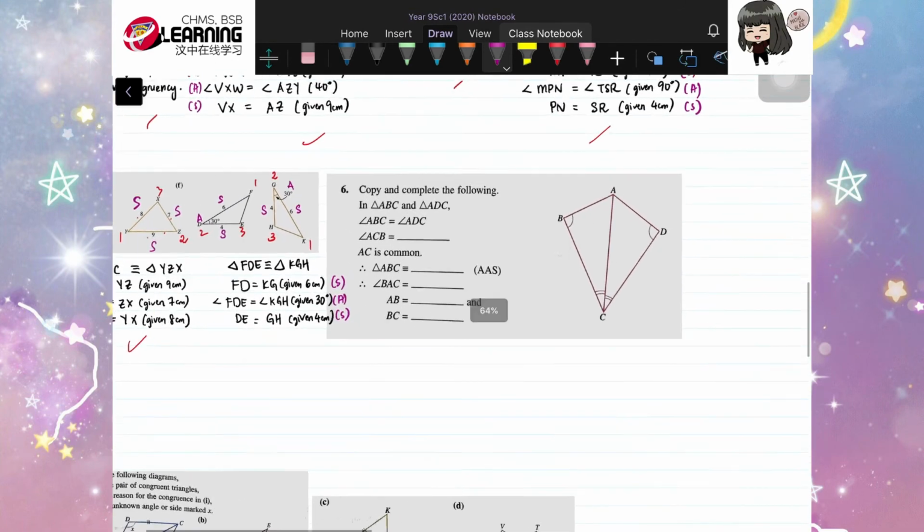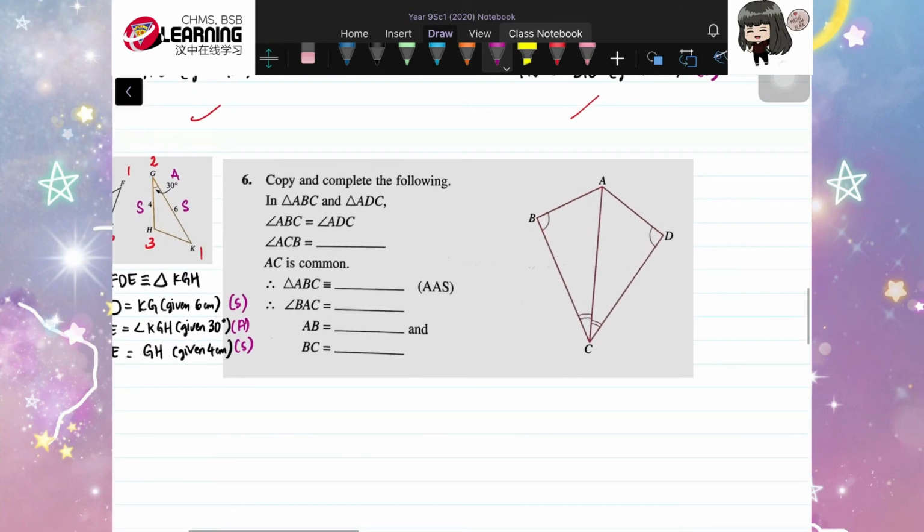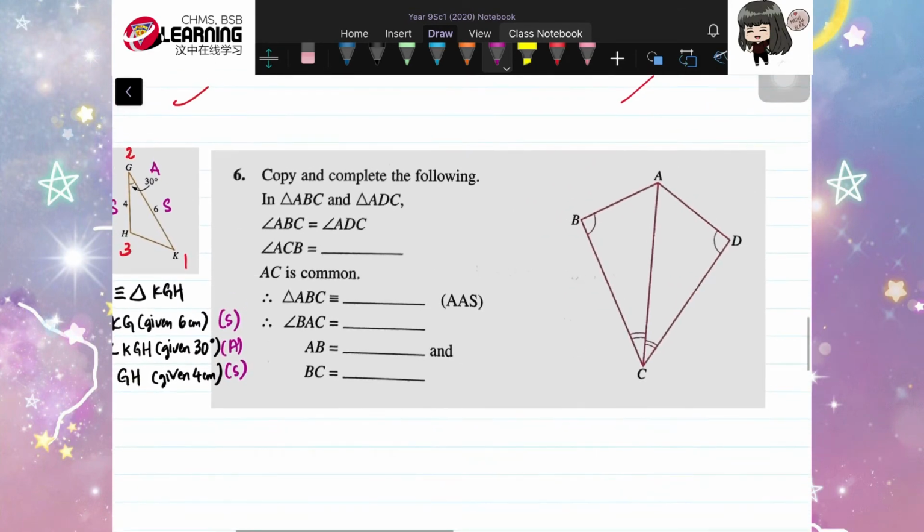Okay, so we proceed. Question number 6. Copy and complete the following. In triangle ABC, it's already numbered there 1 2 3, ABC, and triangle ADC also 1 2 3. So in both triangles, angle ABC equals angle ADC, 1 2 3, 1 2 3.